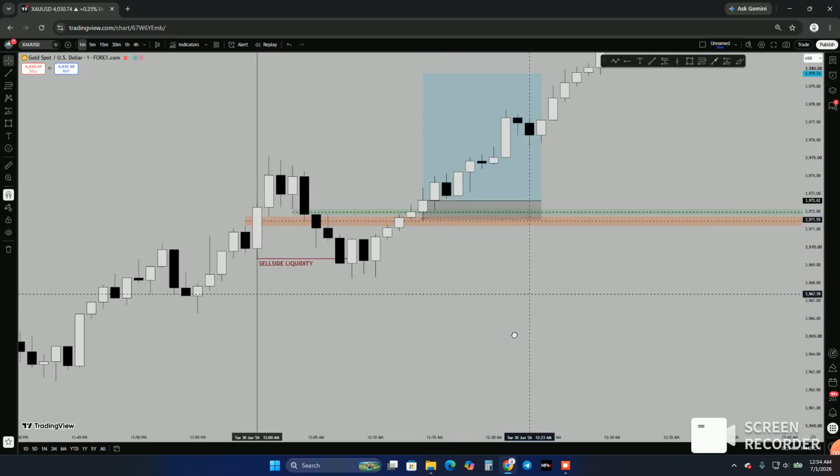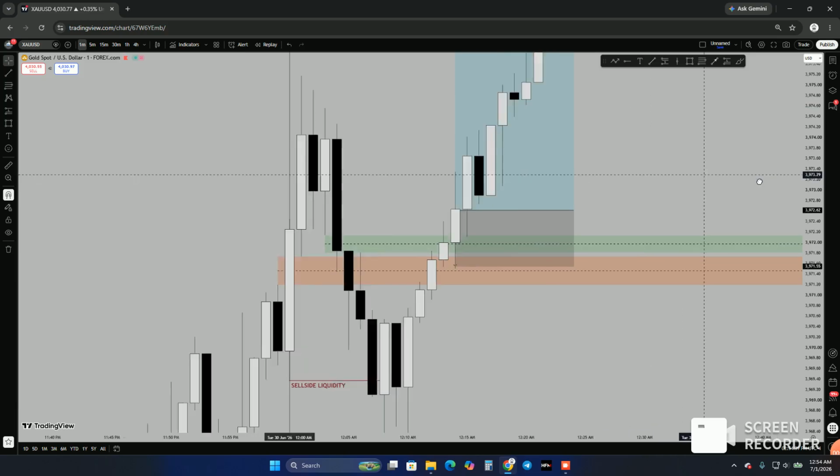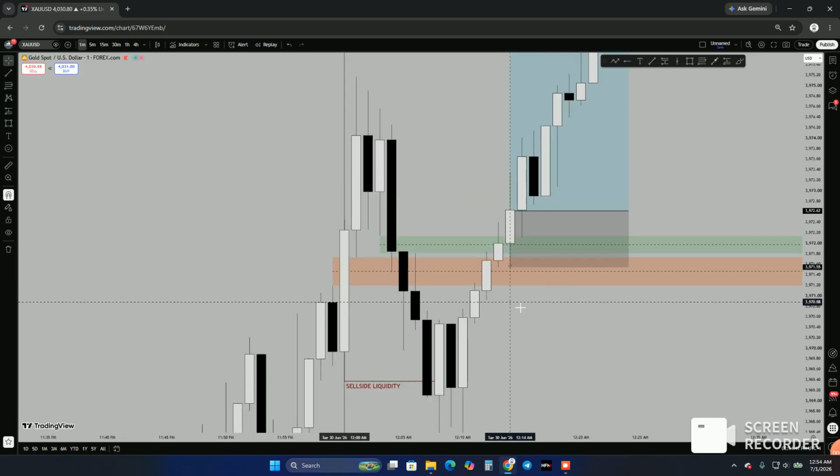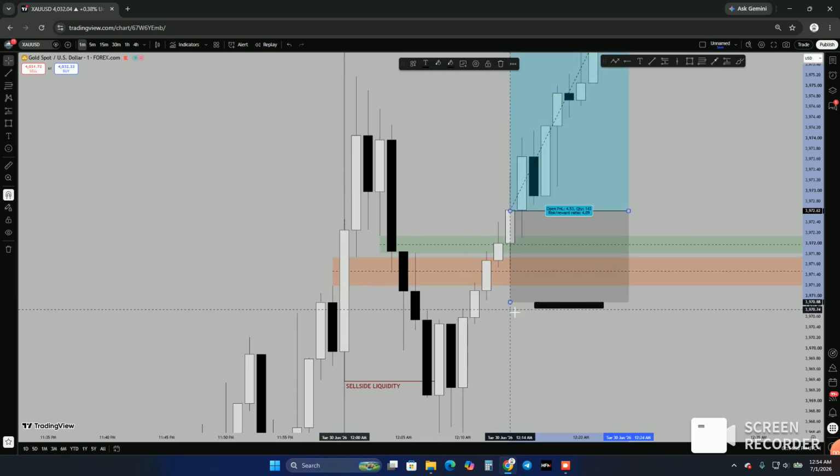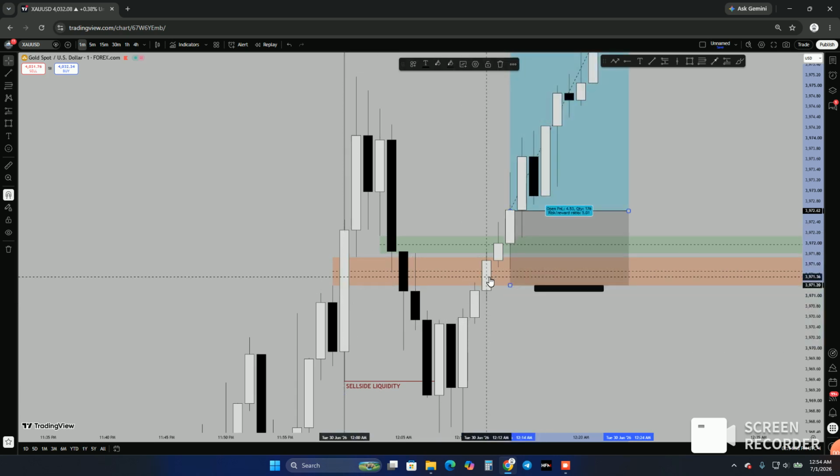My stop loss should always be, for your safety, at the breakaway gap here, or this could be an order block also. I don't want to see price go below this gap low. So here is my entry.